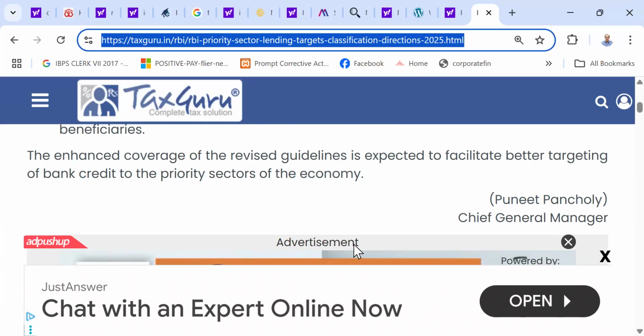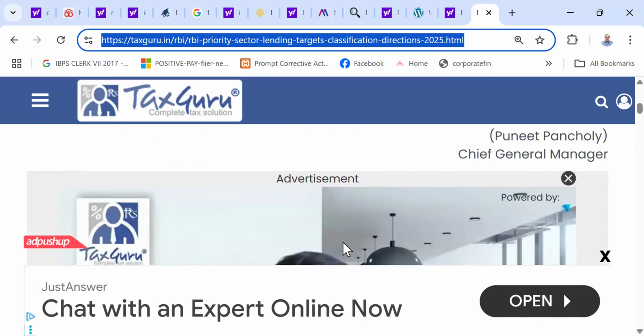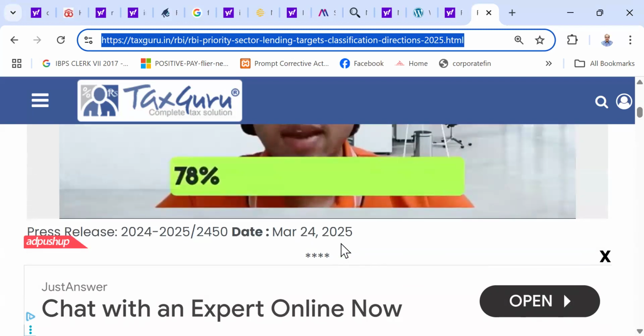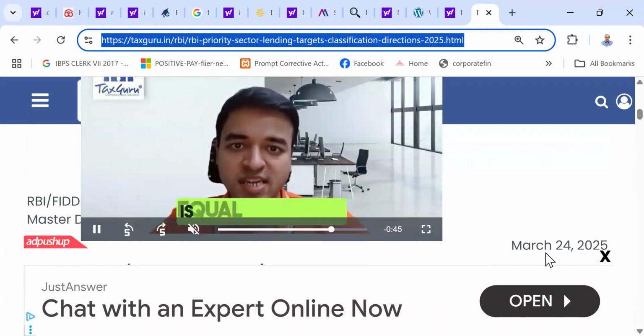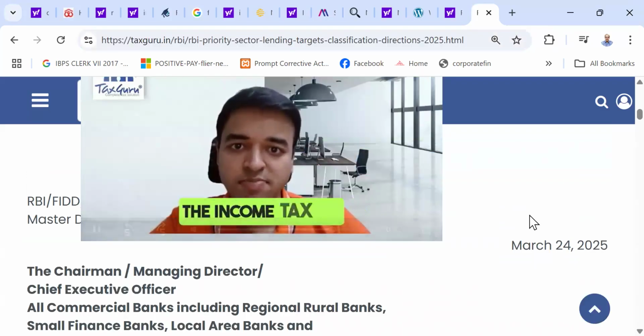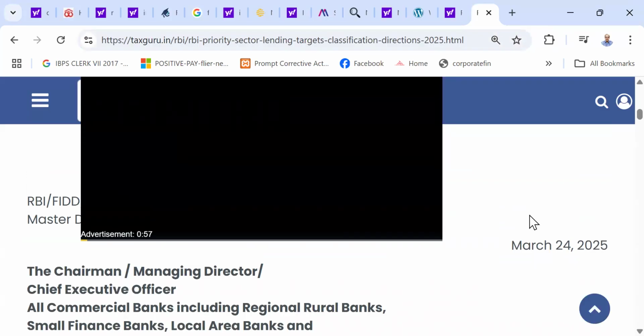They will ask what is priority sector, why priority sector, which many people are not able to answer. Priority sectors are certain sectors like agriculture, education, housing, renewable energy, self-help groups, infrastructure, etc., where the Reserve Bank of India makes it obligatory on scheduled commercial banks to finance up to 40% of their total advances.